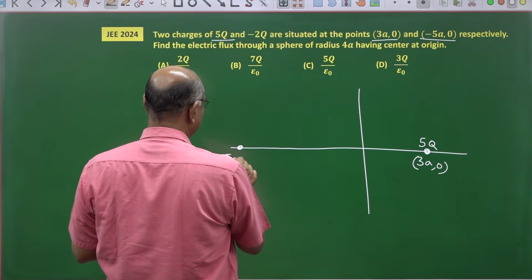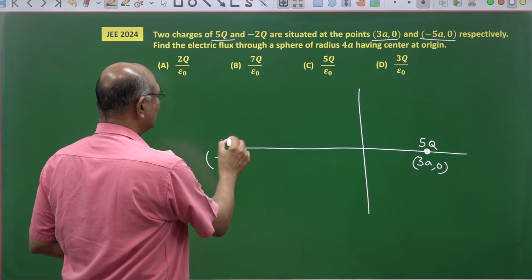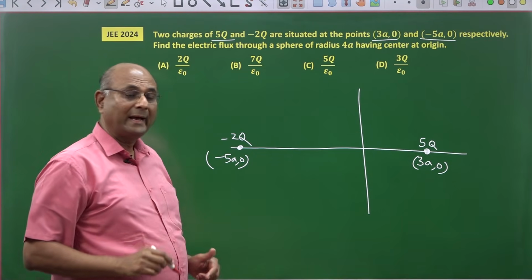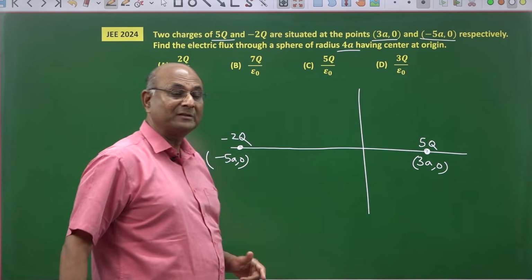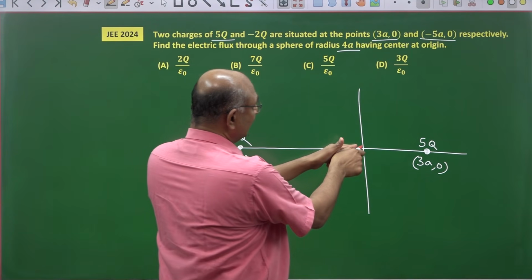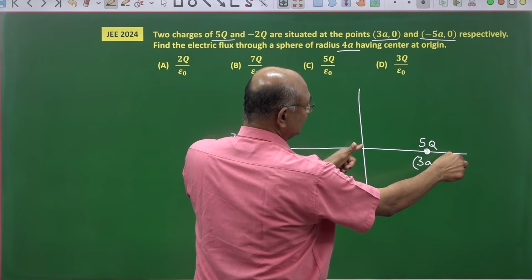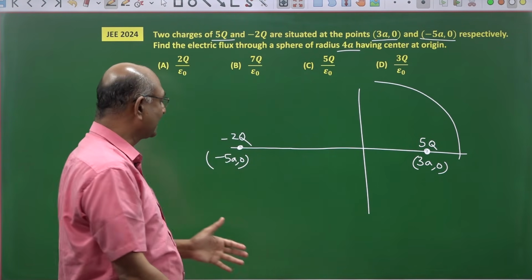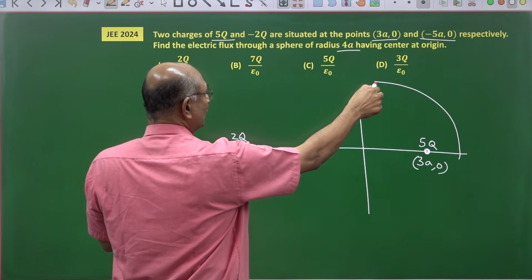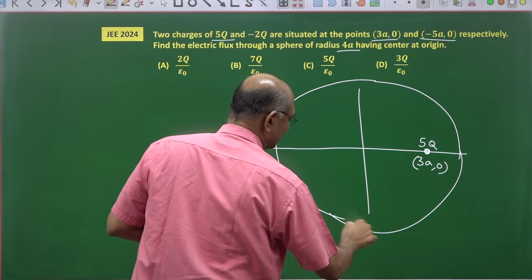Minus 5a comma 0, you have the charge minus 2q. And you have this sphere of radius 4a with center at the origin. So from here, if I draw a sphere of radius 4a, this is 3a, so 4a means it will basically be this way. And this is 5a, so the sphere will do this. This is how the sphere will look.